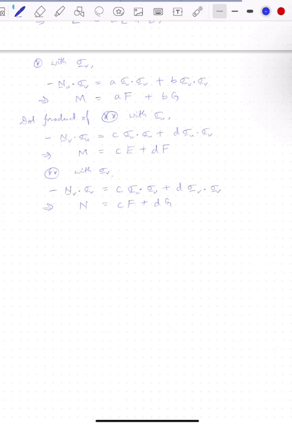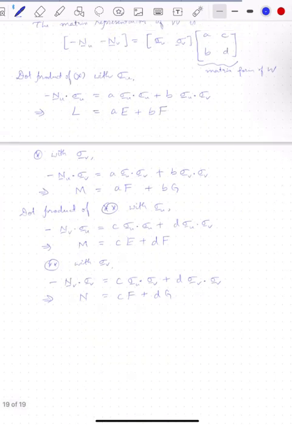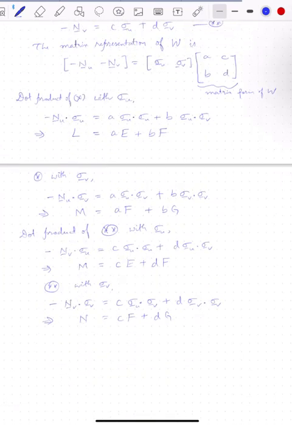So essentially, we have been able to obtain the relations between the coefficients of the first and second fundamental forms, and also connect them to the matrix representation of the Weingarten map W.